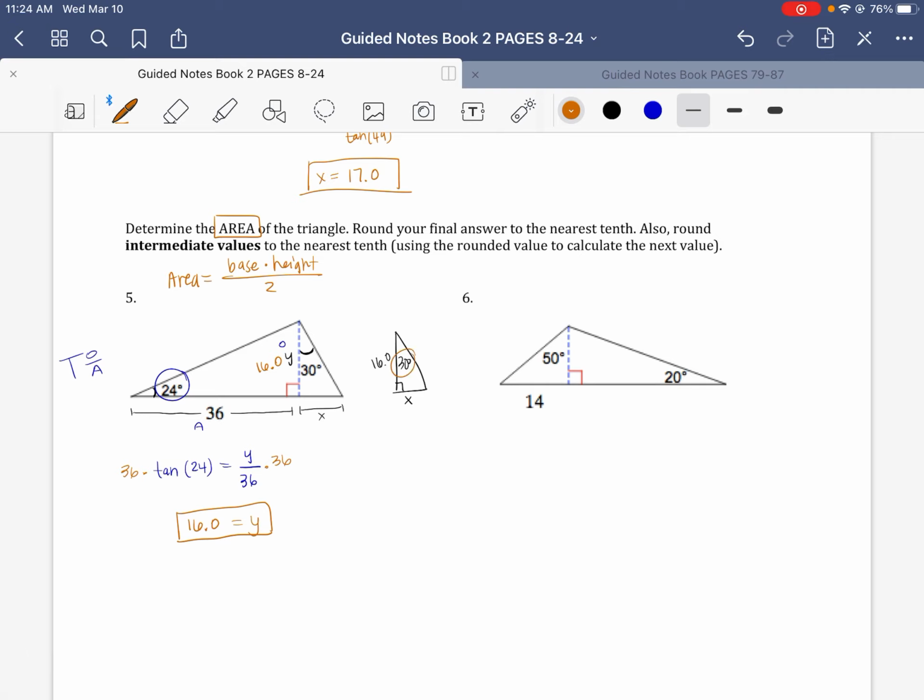So if I know this is my reference angle, this is leg opposite, this is leg adjacent, so again it's tangent. So I'm going to set this up as the tangent of 30 degrees is equal to x over 16. I then go ahead and solve by multiplying by 16, or 16.0, same thing. So when I multiply that, I end up getting 9.2.